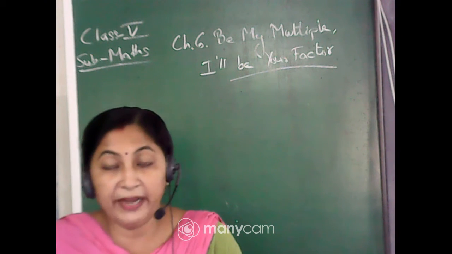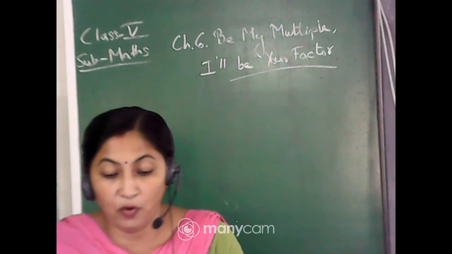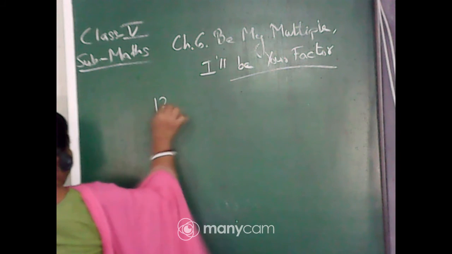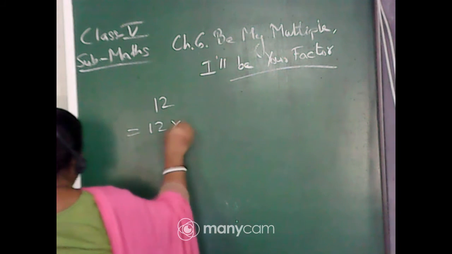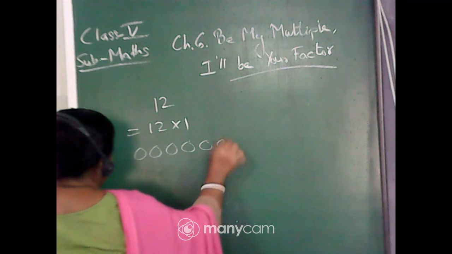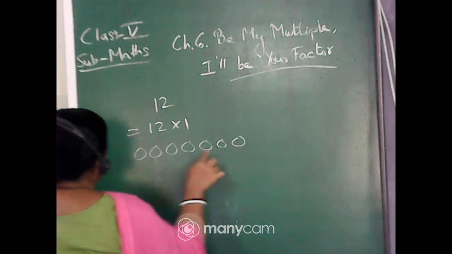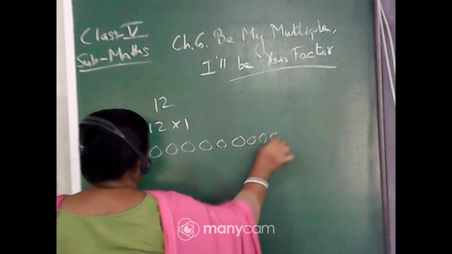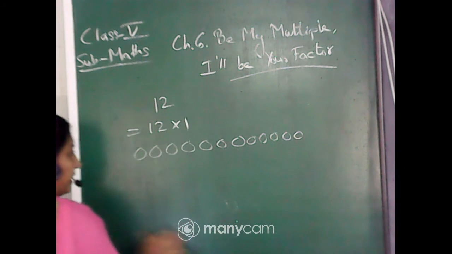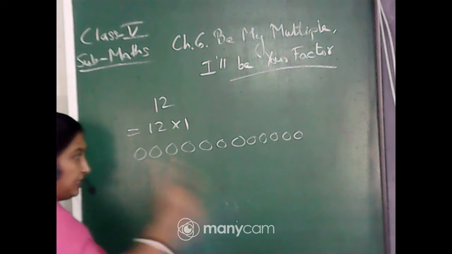Similarly 4 into 3 and 3 into 4. Suppose 12 into 1, that means you will arrange the 12 tamarind seeds this way: 1, 2, 3, 4, 5, 6, 7, 8, 9, 10, 11 and 12. One horizontal, one vertical. So 2 ways, isn't it?